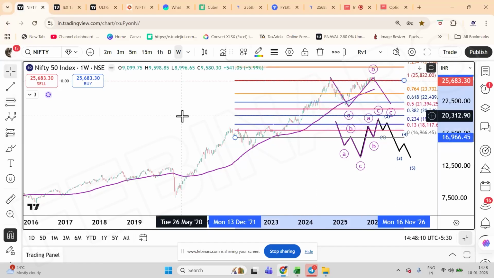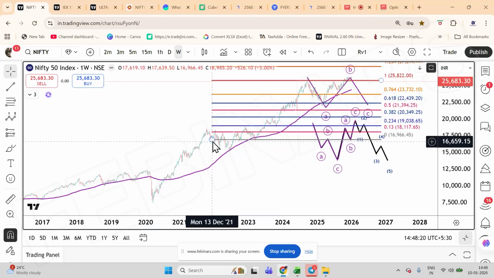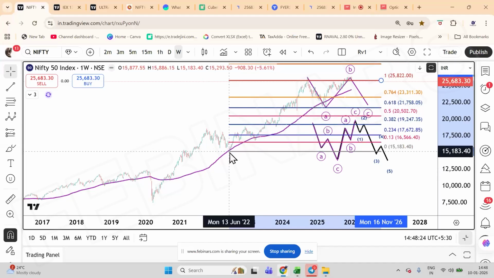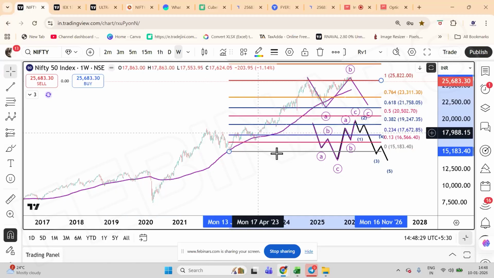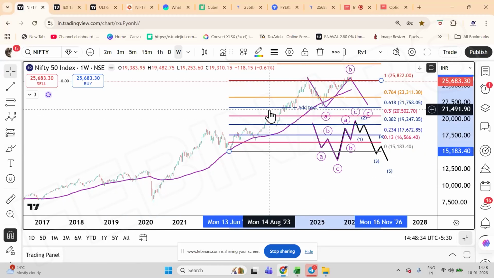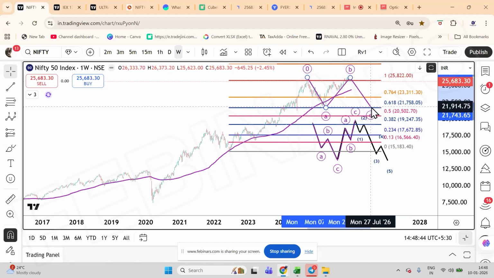So this is the main price objective for the Nifty to act upon. Even 20,500 to 800 or 21,758 can be retested in the Nifty.